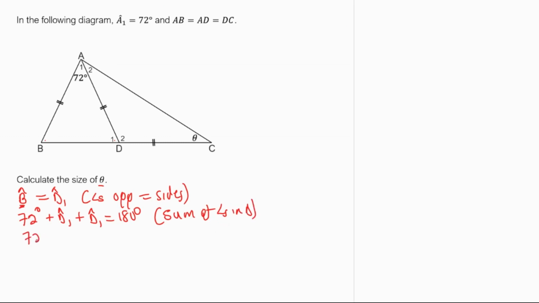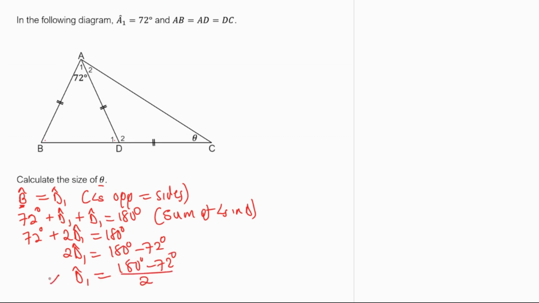So 72 degrees plus 2 times angle D1 is equal to 180 degrees. And then 2 times angle D1 is equal to 180 degrees minus 72 degrees. And then angle D1 is equal to 180 degrees minus 72 degrees, divided by 2.